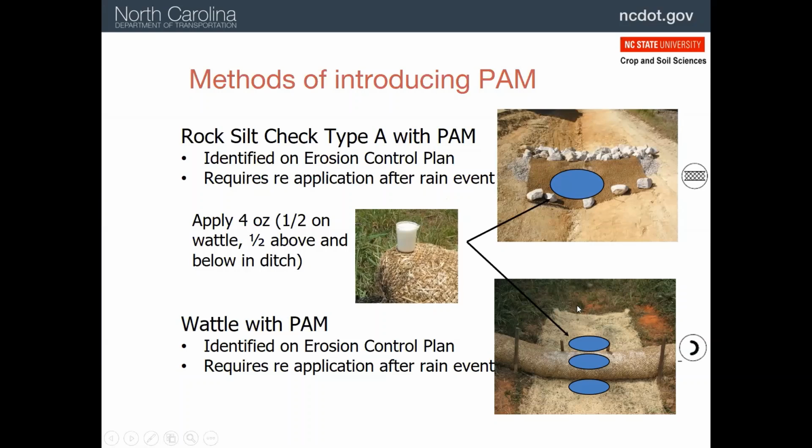You see, looking down here at our system we just talked about with the wattles and the blankets, there's lots of fabric, lots of places for the little granules to stick. With the rock, not so much, but if we add a blanket to it, and it could be Excelsior as well, then that's a great place for those little granules to stick. And when they stick there, they will start to dissolve during each storm event.